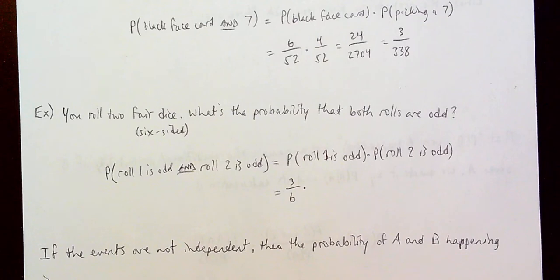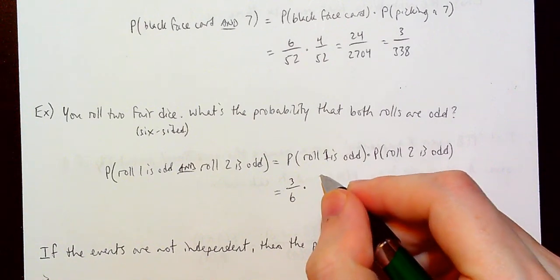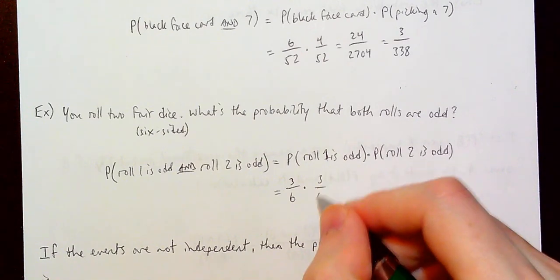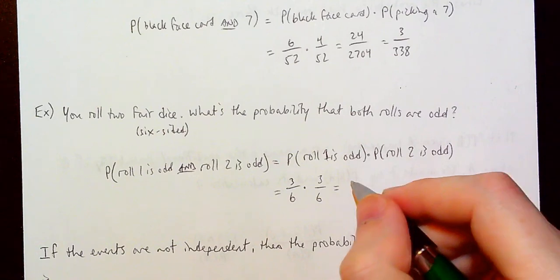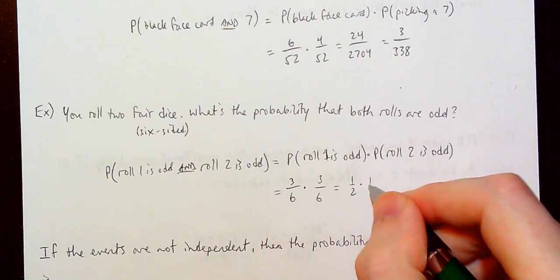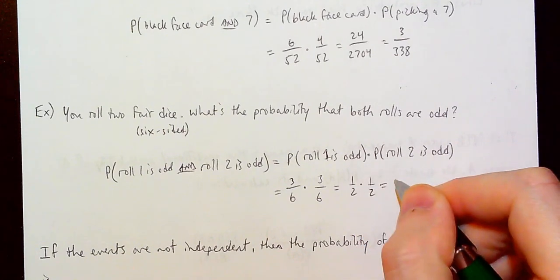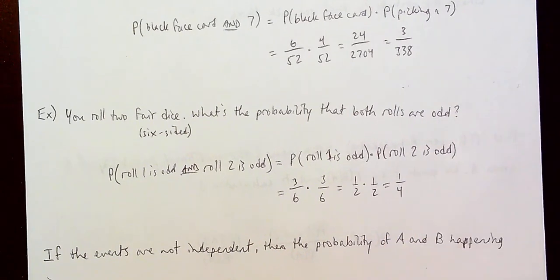And roll 2, same thing, 6-sided die, numbered 1 through 6, 3 faces that have odd numbers on them out of the possible 6. And this is the same thing as 1/2 times 1/2, and 1/2 times 1/2 is 1/4. So the probability that both rolls are odd is going to be 1/4.